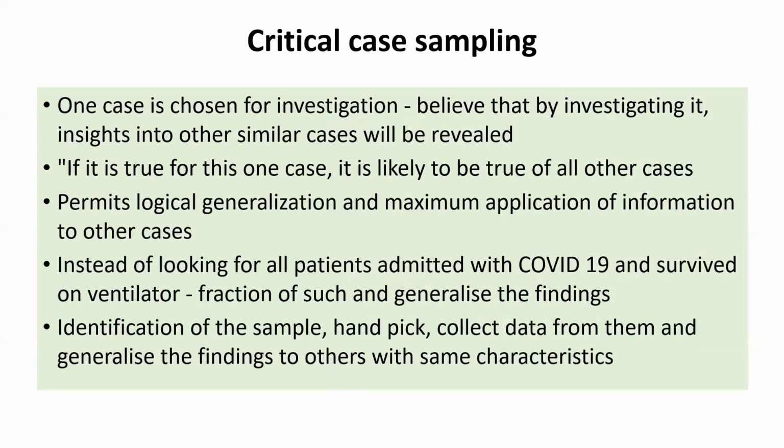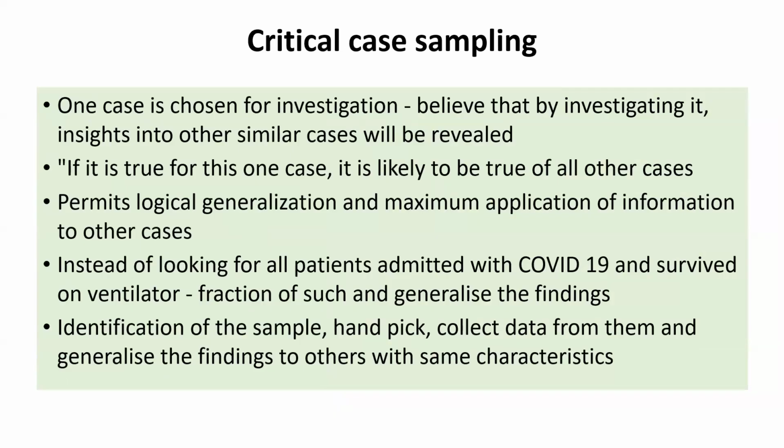Then you have what is known as critical case sampling. Now here usually you will choose one case for your study because you believe that whatever findings you get for one case are likely to be true for all other similar cases.